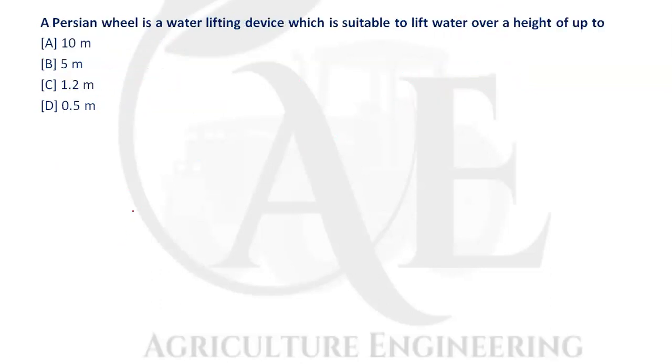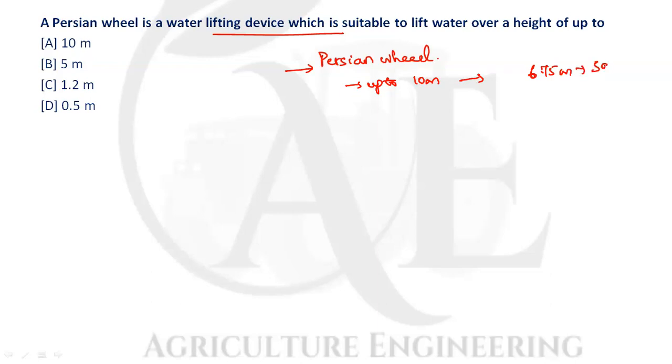Next question. A Persian wheel is a water lifting device which is suitable to lift over a height up to. So the Persian wheel can lift water up to 10 meter, but sometimes 6.7 meter is satisfactory for a Persian wheel.